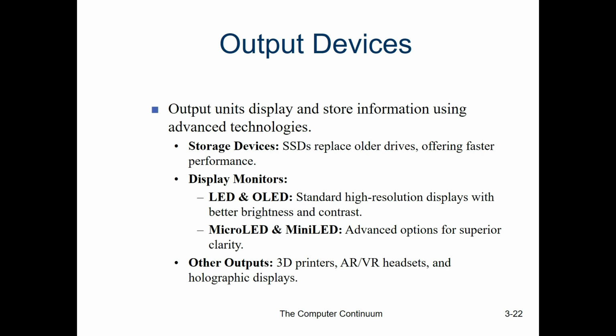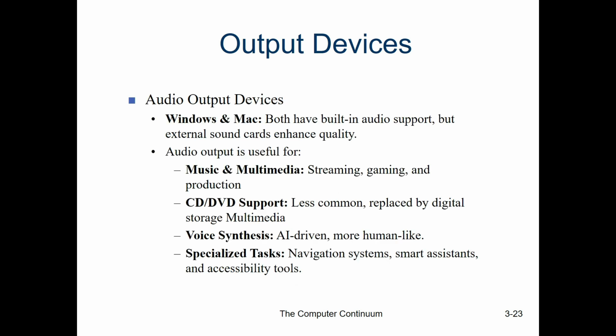Unlike the previous ones, we had CRT in TVs and all those sort of things. Other output devices: we have 3D printers, augmented reality headsets, virtual reality headsets, and holographic displays. These are the modern technologies we have as output devices.